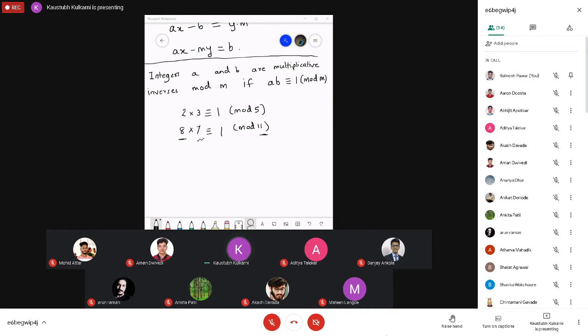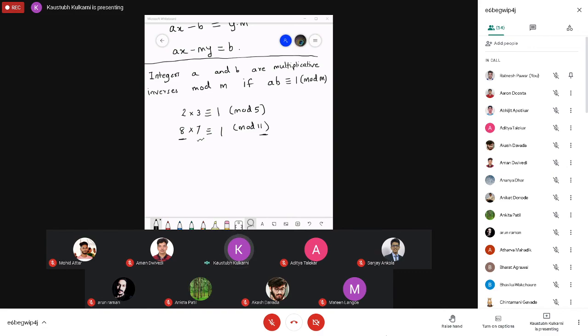To find this inverse, one way is trial and error. Okay, you randomly try some integers, or you run a loop. Basically you go iteratively and you try with 8 into 1, 8 into 2, 8 into 3, 8 into 4, 8 into 5, 6, then 7.